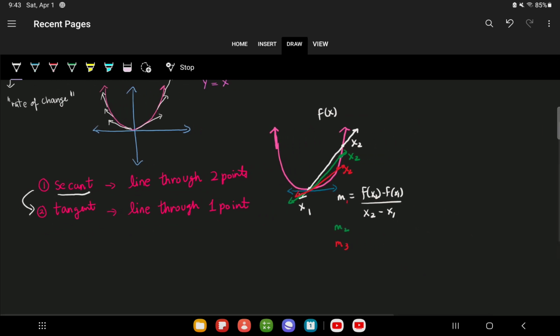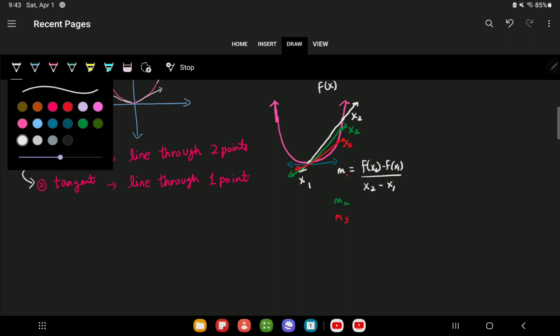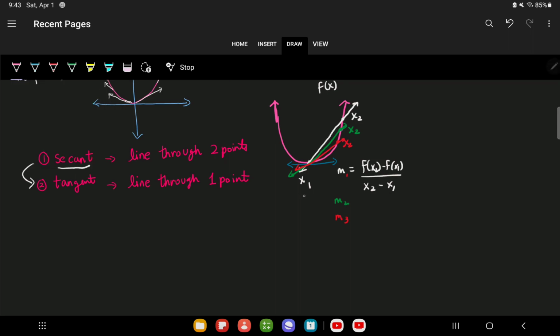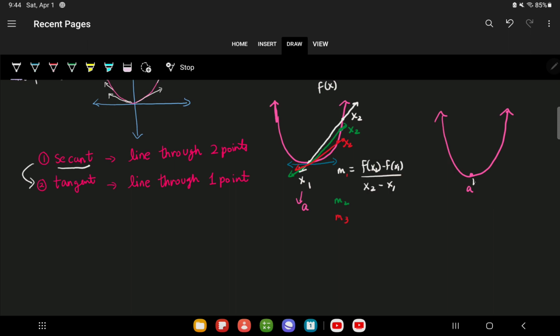So the official formula here is, let me redraw that parabola. Let's call that x1 a value, let's say a. So the derivative at a is basically we go to the right h units and we shrink that. We try to get that h as close to 0.